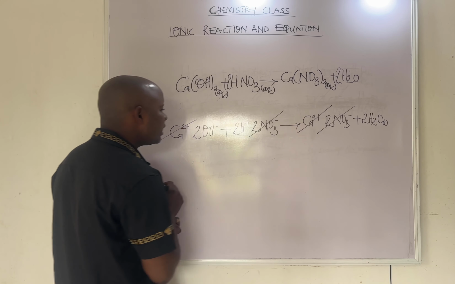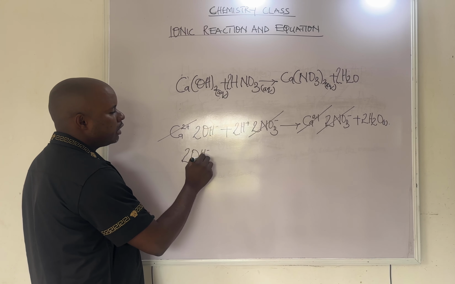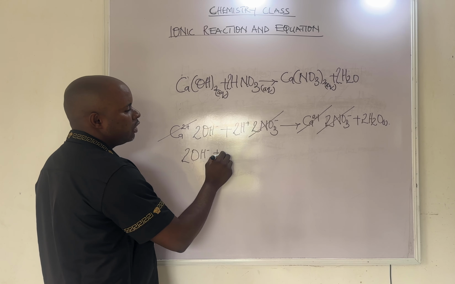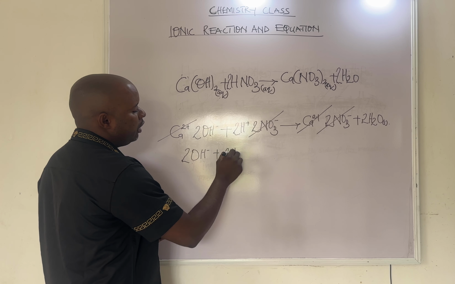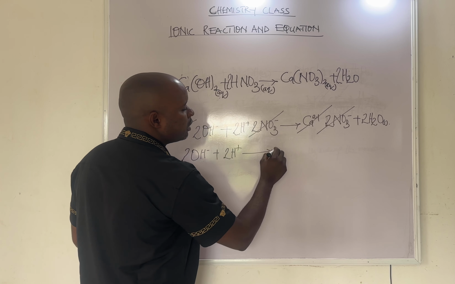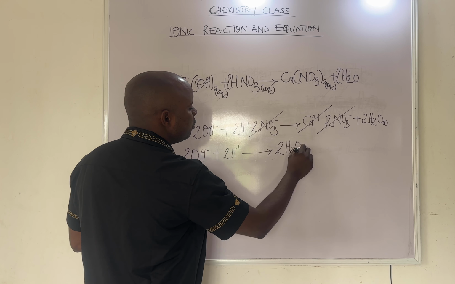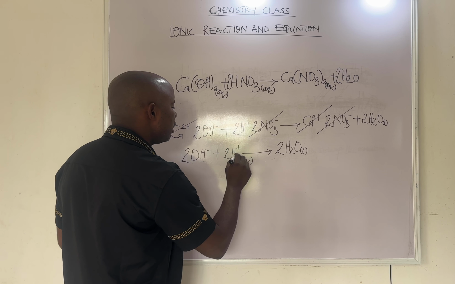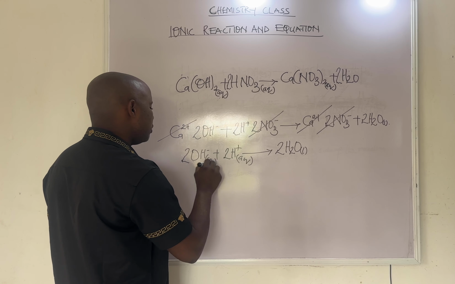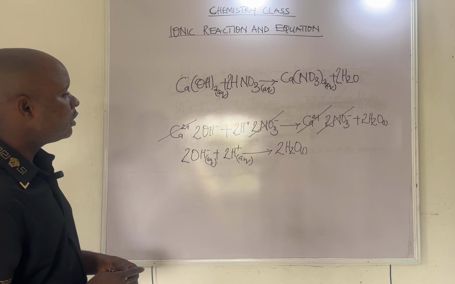What is left is 2 OH negative plus 2 H plus ion to give 2 moles of water. This is aqueous, and so on. So this is a simple way we can write the ionic equation of this reaction.